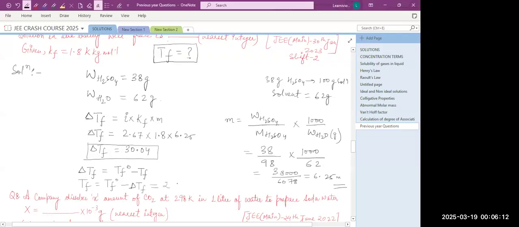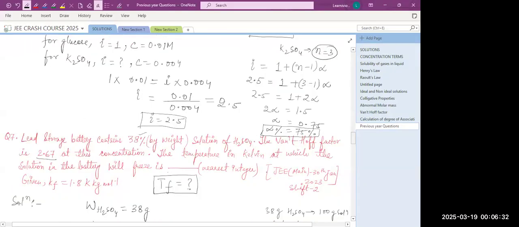In Kelvin, it is 273 minus 30. 30.04 is approximately 30, so you can take 30 only. Now subtract it and you will get 243 Kelvin. So the temperature in Kelvin at which the solution in the battery will freeze is 243 Kelvin.